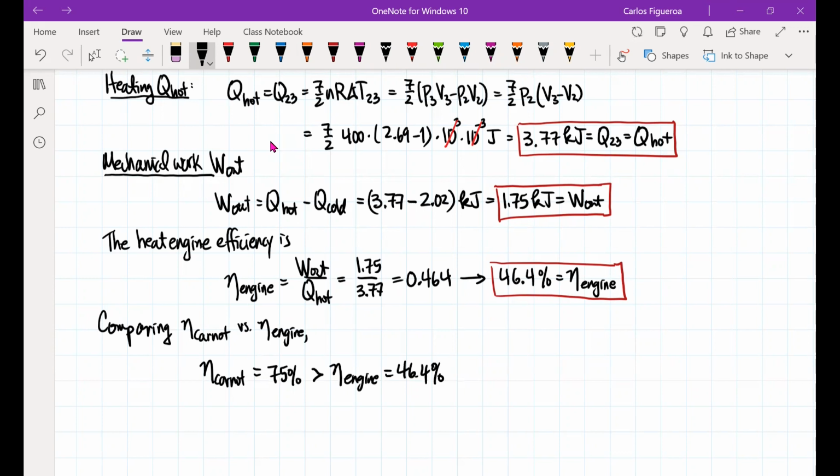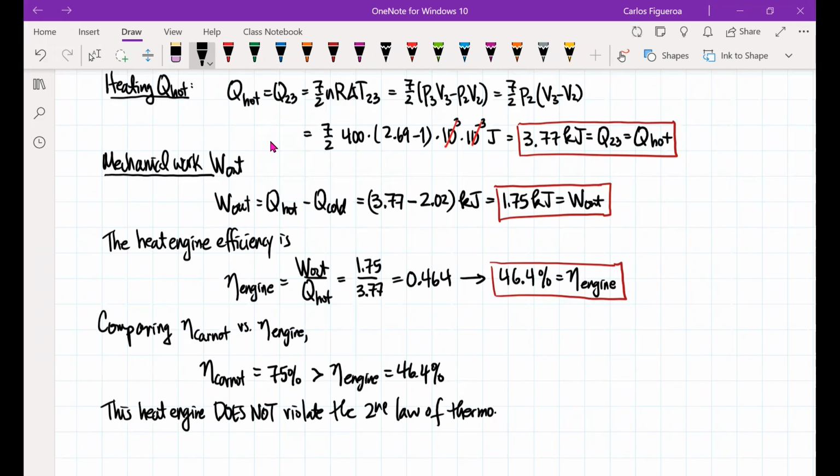So what all this does here is it says this heat engine does not violate the second law of thermodynamics.